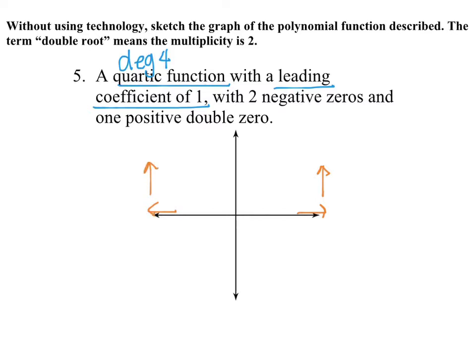I also tell you that I have 2 negative zeros and 1 positive double zero. So that means that my multiplicity is a 2. So I'm going to come from the top, make sure that I cross through the x-axis twice when I'm negative, and then when I come over to be positive, I'm going to touch the x-axis once, but not actually cross through.